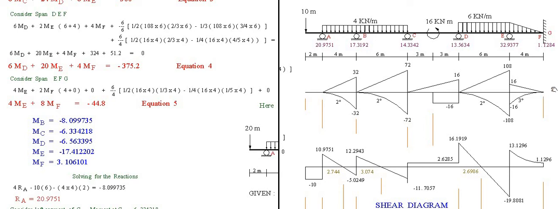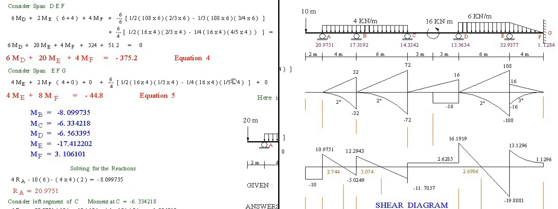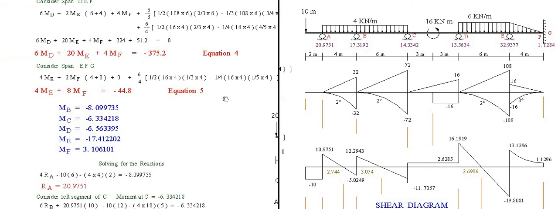Then the moment by parts on the right is 0. Then equate that to 0. Simplify this. For ME, this is 4 times 2, 8 MF. Then we have only one constant. Then move that to the right of equality. It is negative 4.8. And this is equation 5.